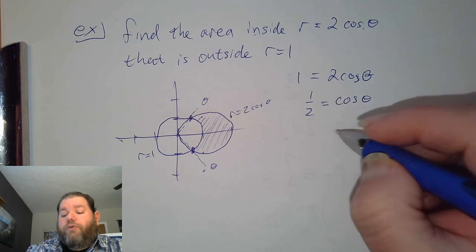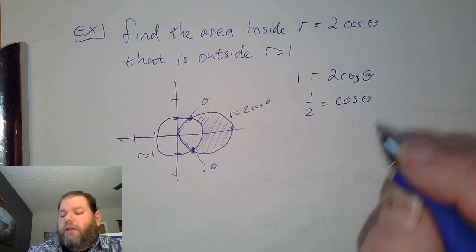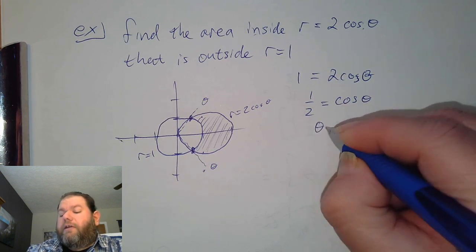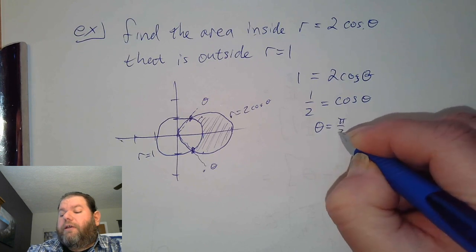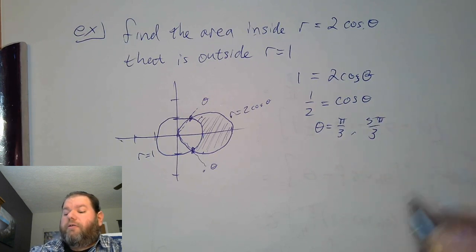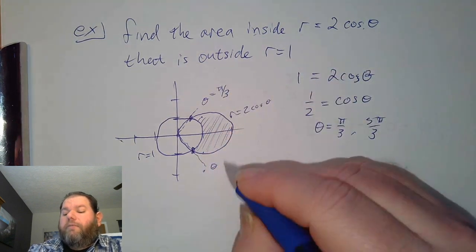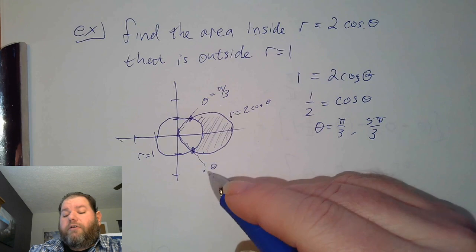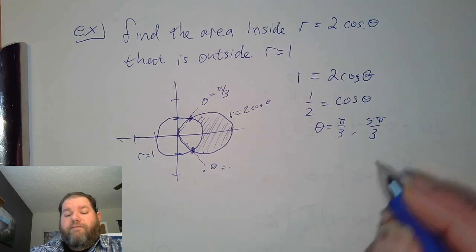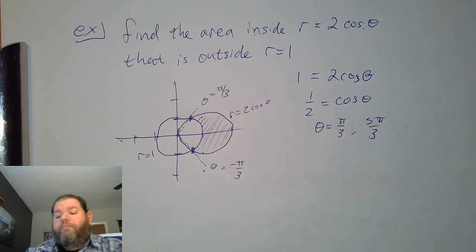And we look at where 1/2 is equal to cosine theta on a unit circle. That's going to be theta equals pi over 3 and 5 pi over 3. Now, we would say this is pi over 3, but that's our ending value. Our starting value would actually be, instead of saying 5 pi over 3, negative pi over 3.